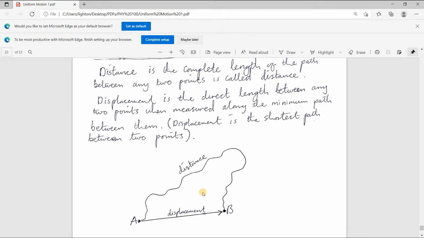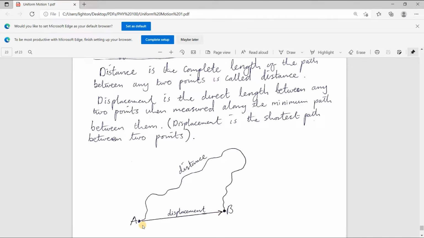In this case we have point A and B. Let's say this is a person at point A and this is a person at point B. For the person at point A to get to point B, they have to use this curved path here. They have to go all the way. Going all this way is called the distance. So this person is covering this distance all the way until they get to point B. That's the distance covered. The length of this path is the distance.